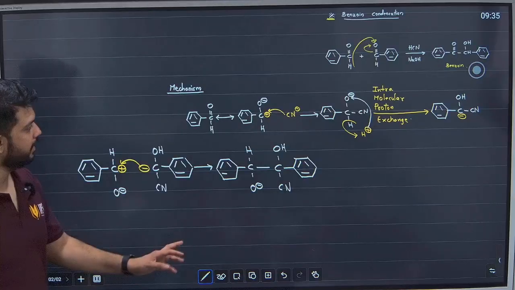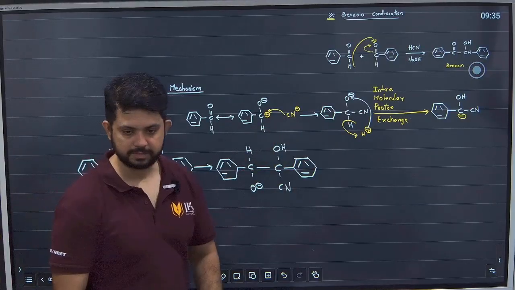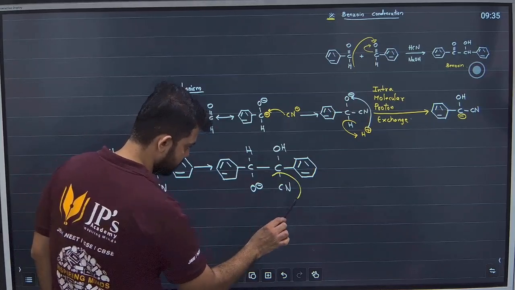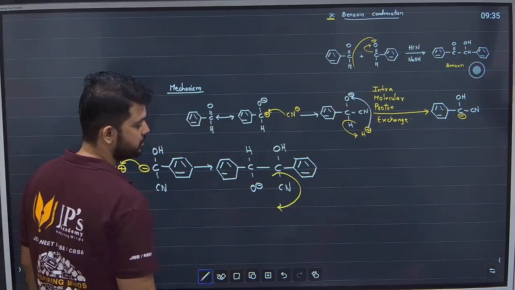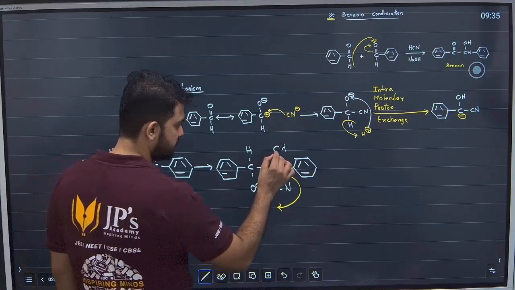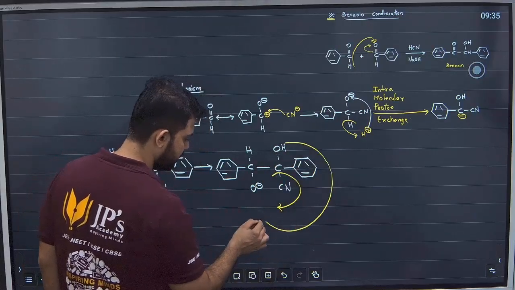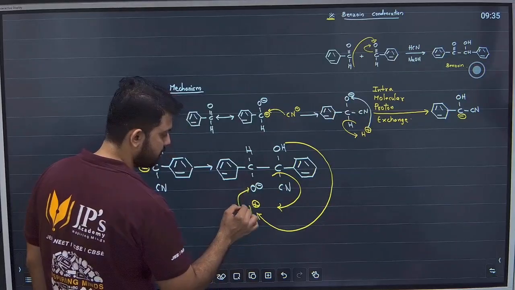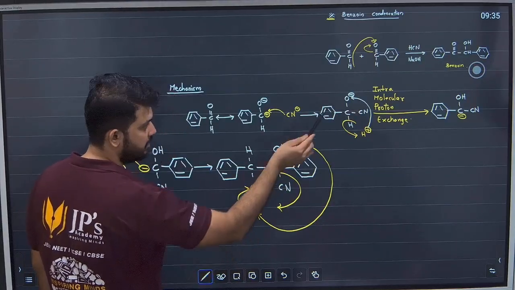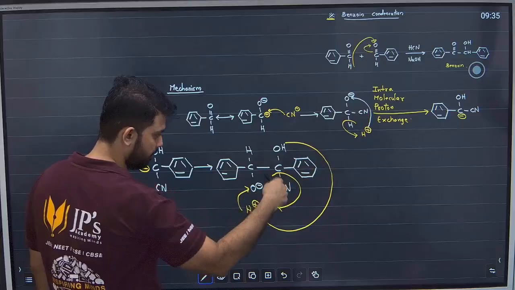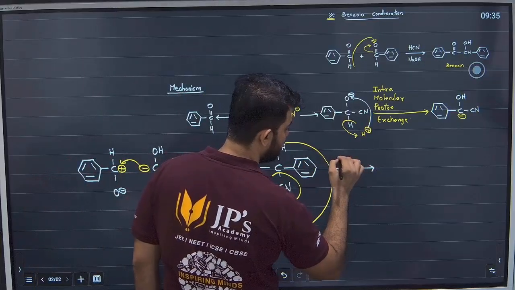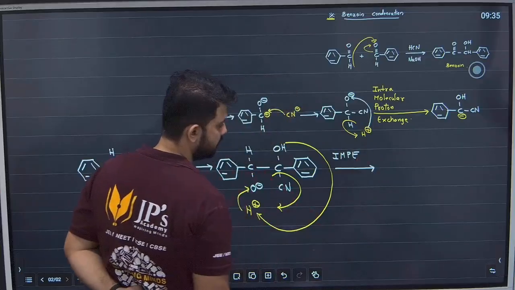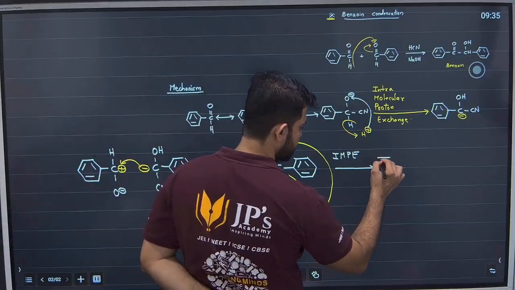Now see, I want my catalyst back, CN minus, which means that from somewhere CN minus has to come out. Yes or no? Again, this H comes out in the form of H plus, these electrons come to O, which means the IMPT which happened, here you have one more intramolecular proton exchange.